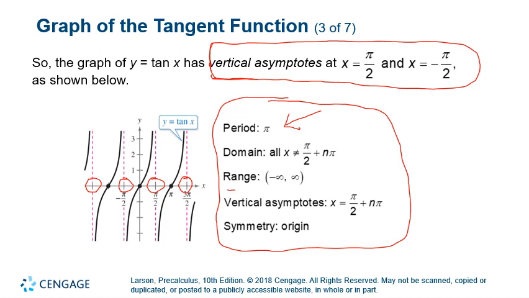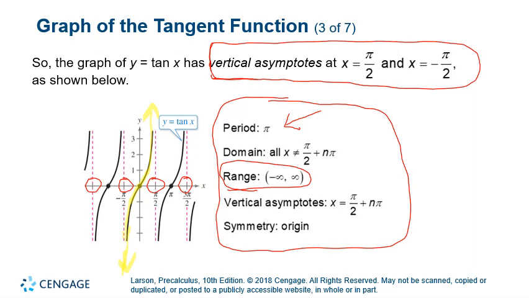The range here, if you look at one piece of these tangent curves, just one piece of it right here, you notice that it's going to keep going on and on forever, and it will get very close to those asymptotes, but never actually cross those.